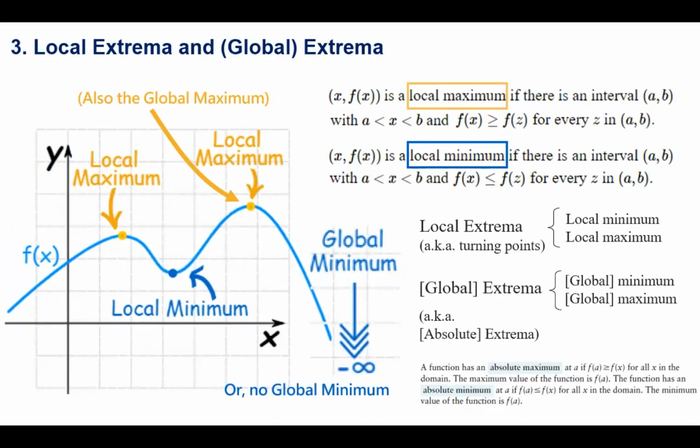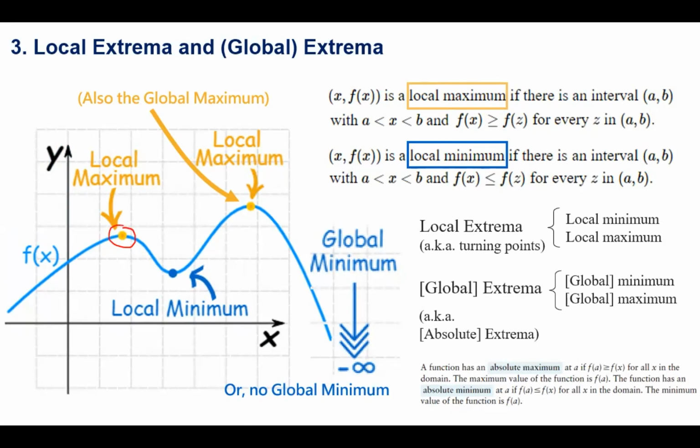So here on the left side, we have a graph that shows the concept of local extrema and global extrema. As shown here, suppose the curve of f(x) is highlighted in blue. Then this point here is called the local maximum, right?